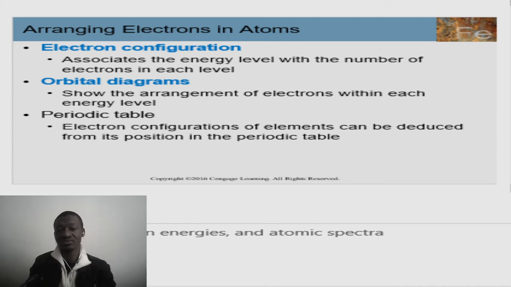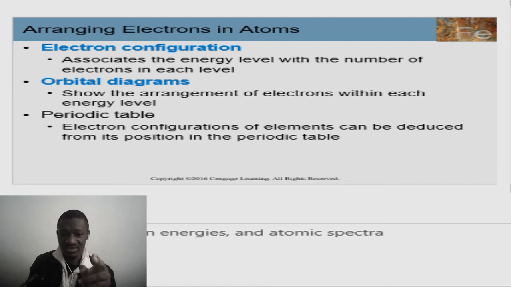So we are looking basically at the electron configuration, just how the electrons are arranged in the atom. Because anytime you think about the word configuration, it's just like a setting, how it's set. So you're looking at how the electron is set or arranged in the atom.